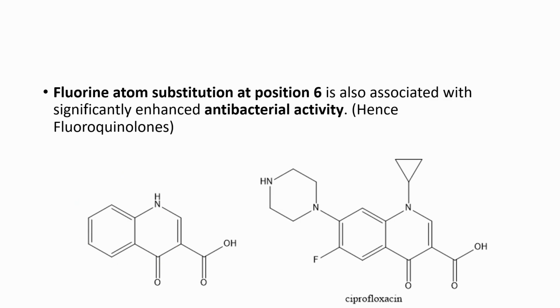In particular, fluorine substitution at position 6 is associated with significantly enhanced antibacterial activity, hence the name of our fluoroquinolones. So 1, 2, 3, 4, 5, 6. Ideally, you should put a fluorine atom at number 6. Hence, you see fluorine at number 6 in our ciprofloxacin.